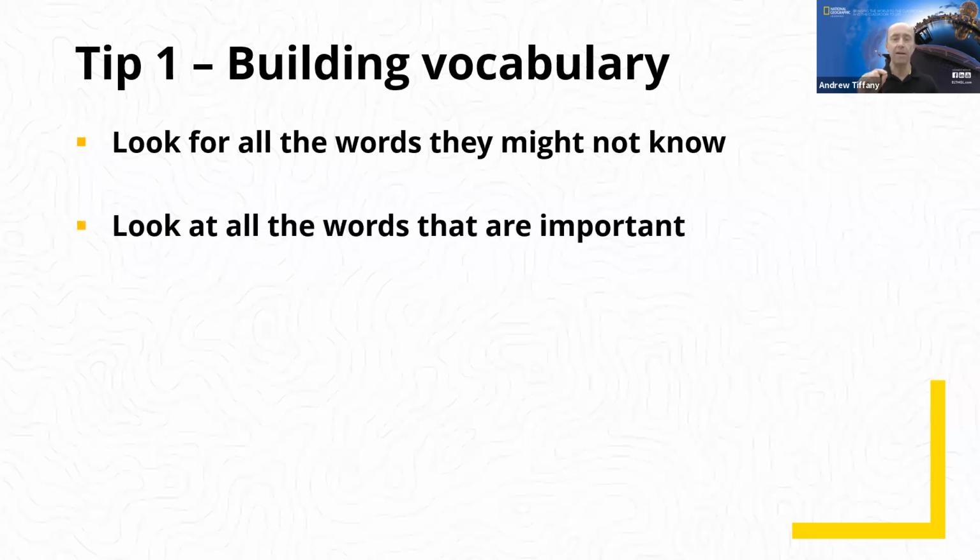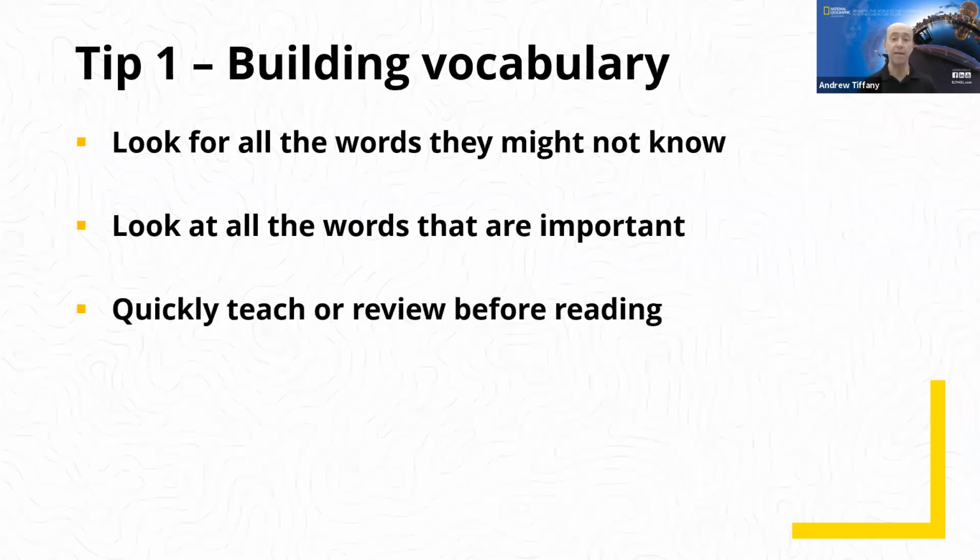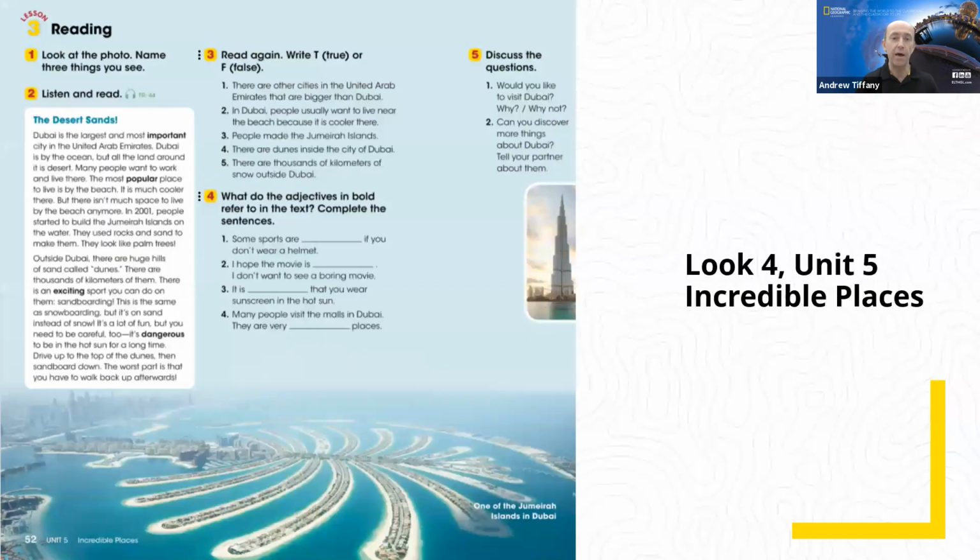I'll also look at what words in the reading have great importance. What are some key words that really matter in this reading, okay? And then I'll make sure to review those as part of my lesson. So I will quickly review them or teach them if they're new before we even really look at the reading too much, okay? So let me give you a little bit of an example of how I would do that.